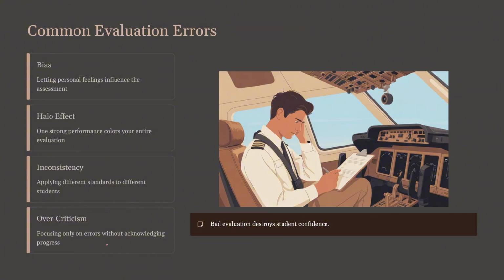So as an instructor, I would want to guard against all of those. I would try to stay anchored to observable performance and the policy standard, which is the ACS, because bad evaluation does more than create confusion. It can also make students lose trust in the training process.